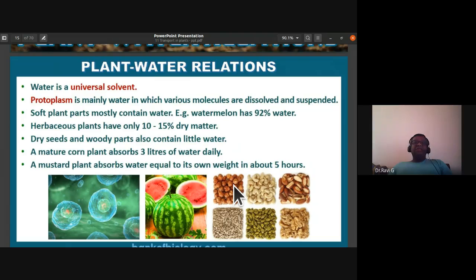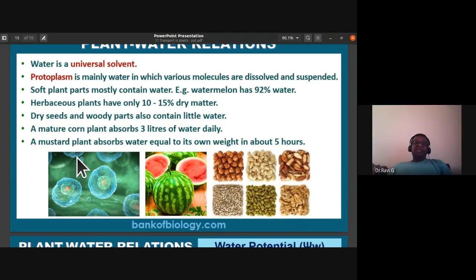Even dry wood or a log of wood contains a little amount of water. A mature corn plant, the maize plant, can absorb 3 liters of water daily. That is their capability. A mustard plant absorbs water equal to its body weight within 5 hours.